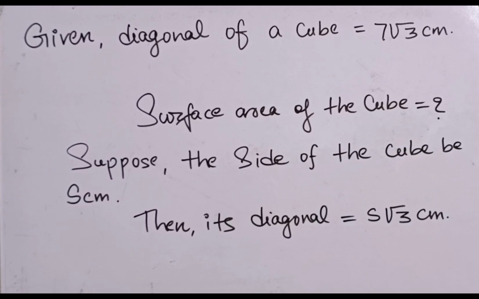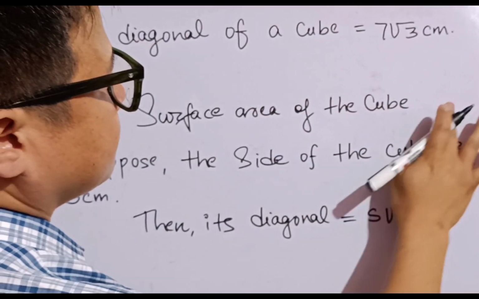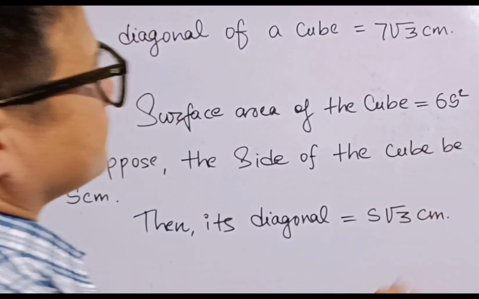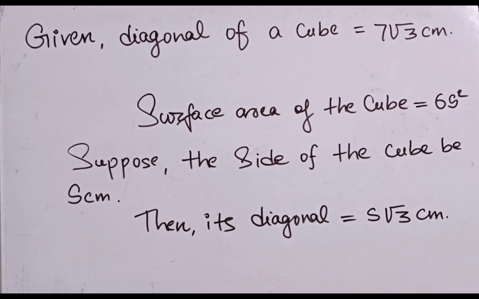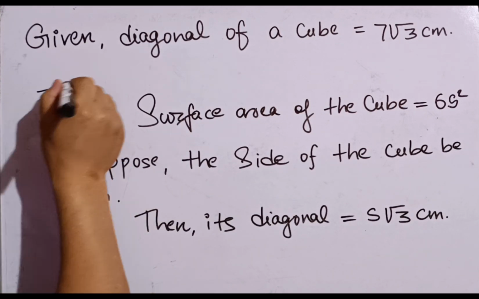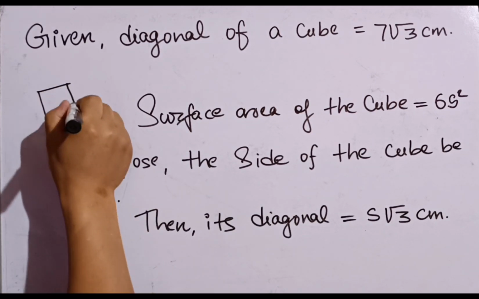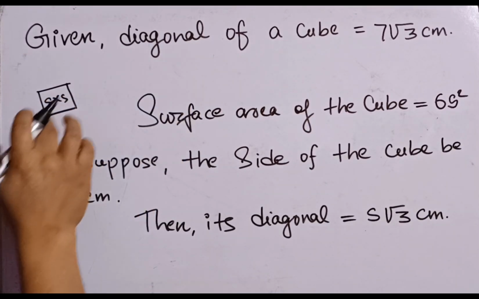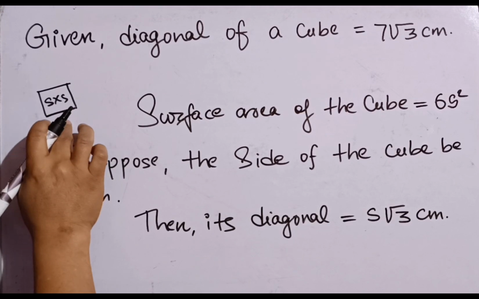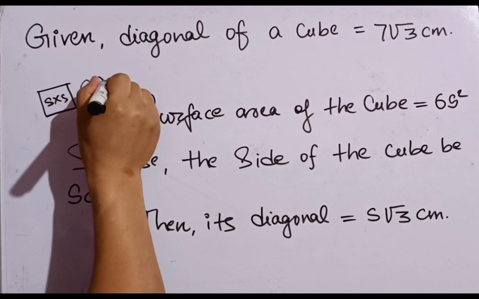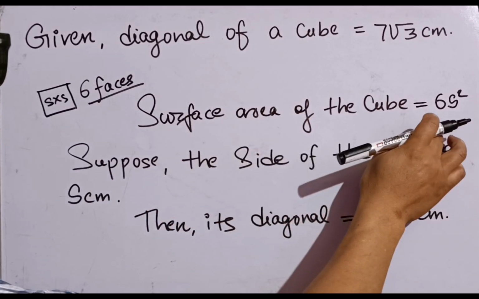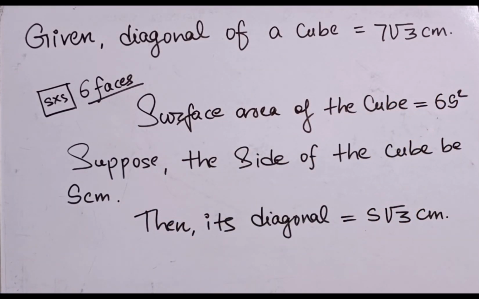And when the side of the cube is s centimeter, the surface area of the cube is equal to 6 into s square, because in a cube whose side is s centimeter, the area of one face is s into s. But a cube has 6 faces, so the surface area of the cube is equal to the sum of the areas of the 6 faces, which is equal to 6s square.